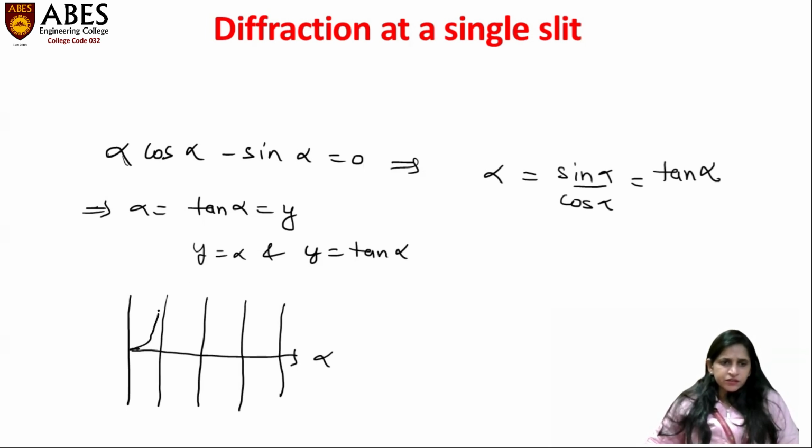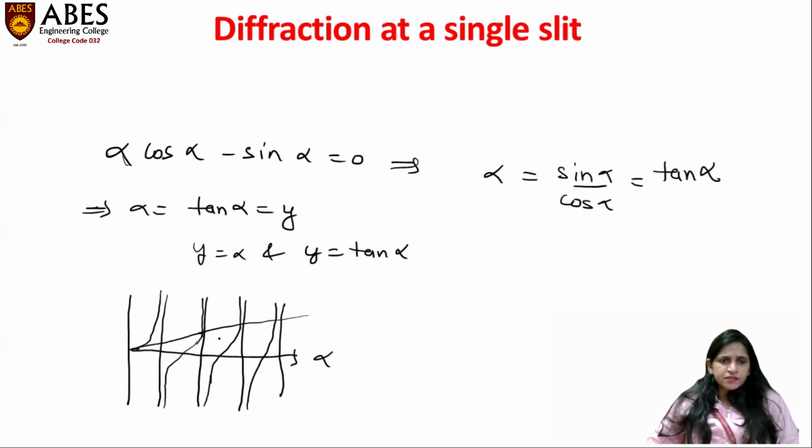So let us draw the first branch of tan alpha, then the second, then the third, and then the fourth one. Now let us also draw y is equal to alpha.